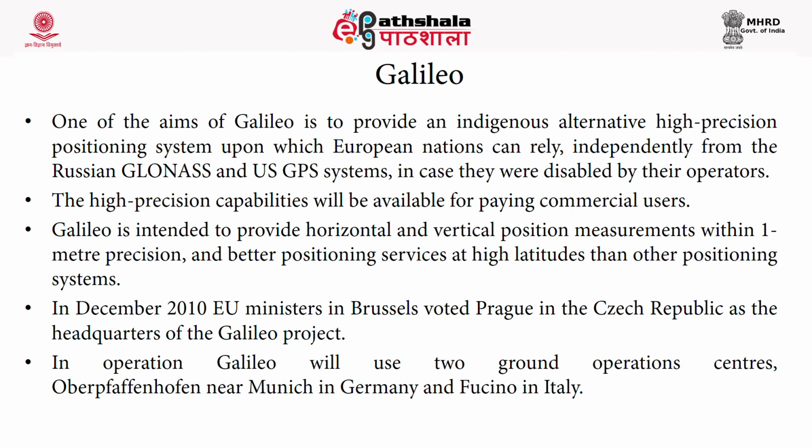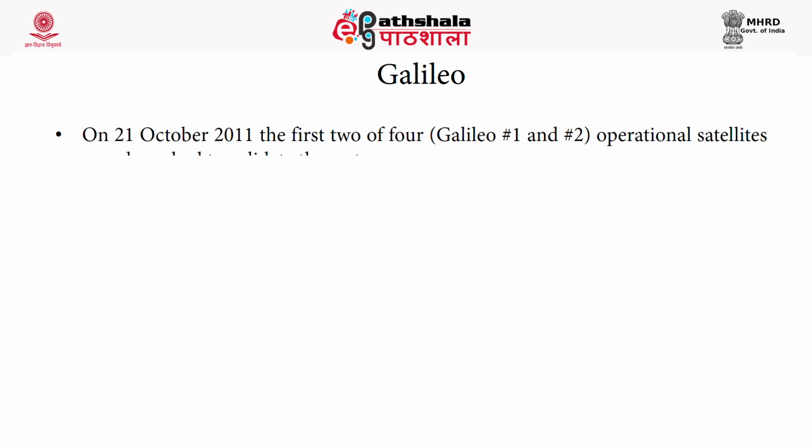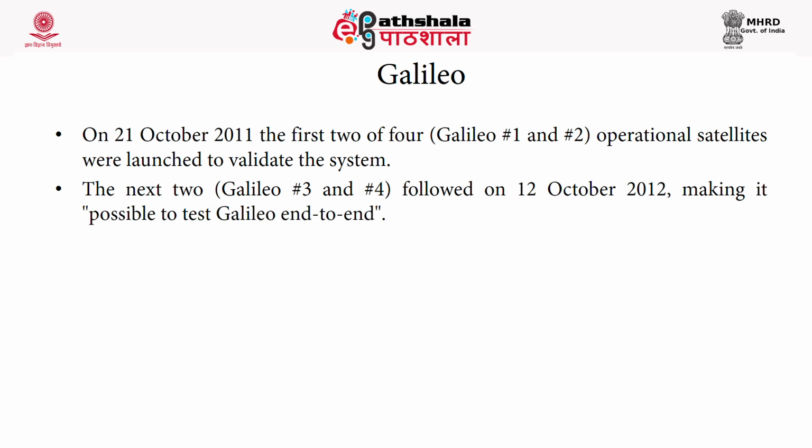In December 2010, the European Union ministers in Brussels voted Prague in Czech Republic as the headquarters of the Galileo project. In this operation, Galileo will use 2 ground operation centers near Munich in Germany and Fucino in Italy. On October 21st, 2011, the first two of the four operational satellites were launched, while the next two satellites of the Galileo system were launched on 12th October 2012.